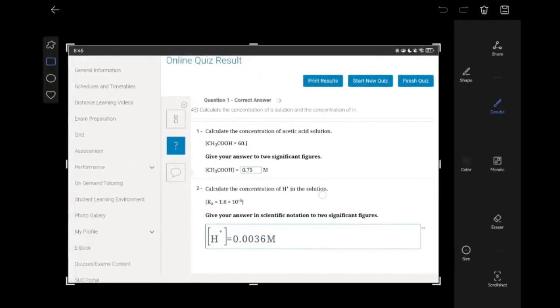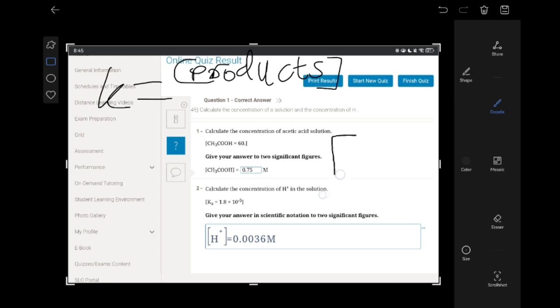Now the second part. I honestly had to watch a YouTube video about it, and it had something to do with A level. Here they're giving us Ka and they want us to find H plus. Ka is called the dissociation constant. Remember from chapter 1, K is the equilibrium constant, which is equal to the concentration of products over the concentration of reactants.